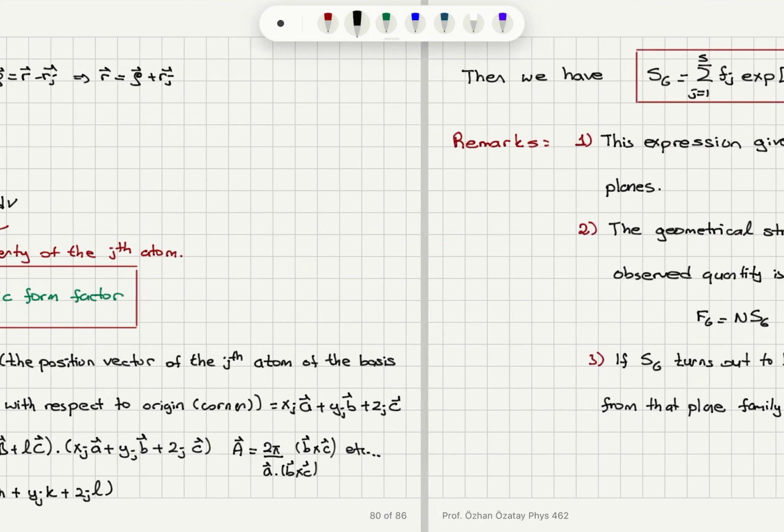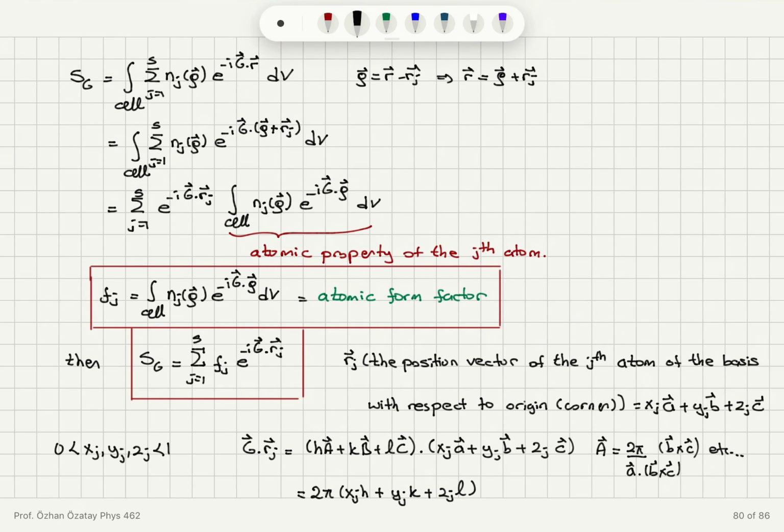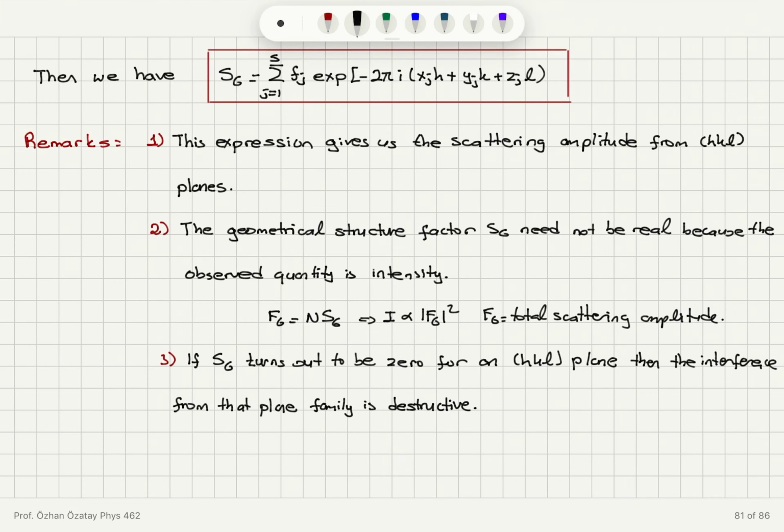Okay, and we have shown explicitly that if you write this position vector as xj a plus yj b plus zj c, with a, b, c the direct lattice basis vectors, the dot product with the reciprocal lattice vector gives us 2 pi times (xj h plus yj k plus zj l).